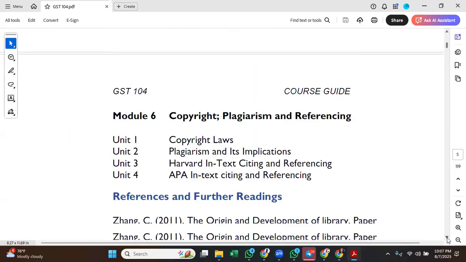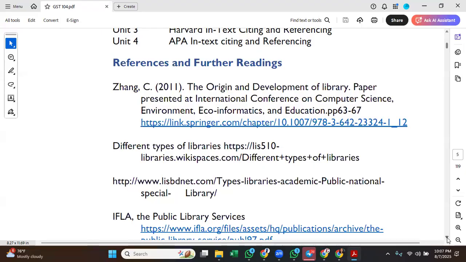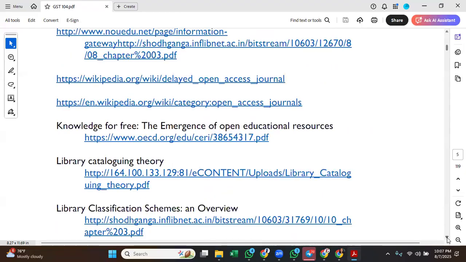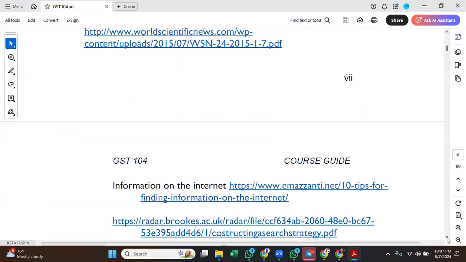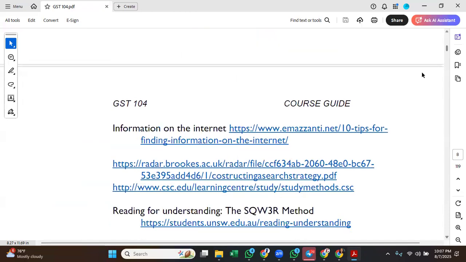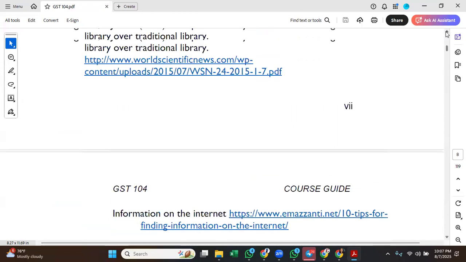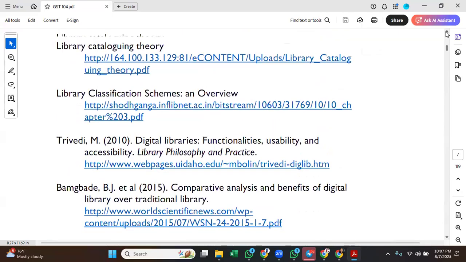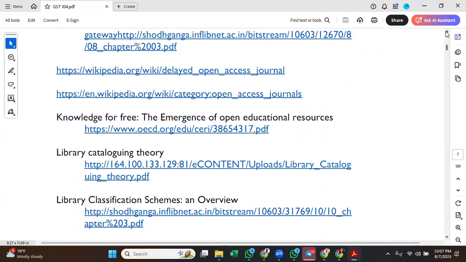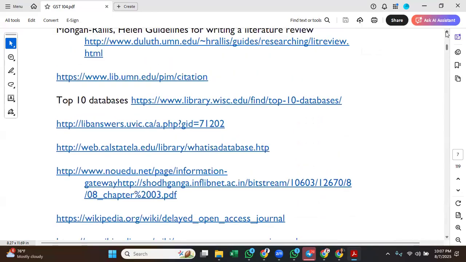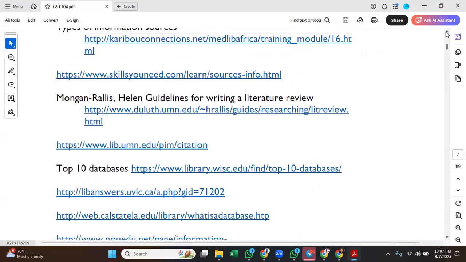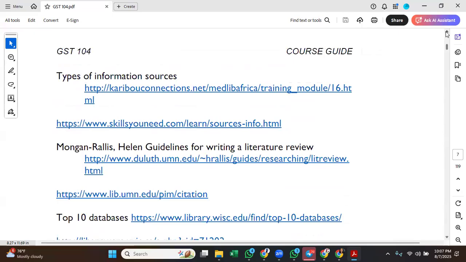Before we go deep or start what we have tonight, I will throw a general question. You can see all of these links that you are seeing here, they lead you to resources that you can use in writing, in learning about books and the rest of them. So different sources of information, especially when you want to write projects.